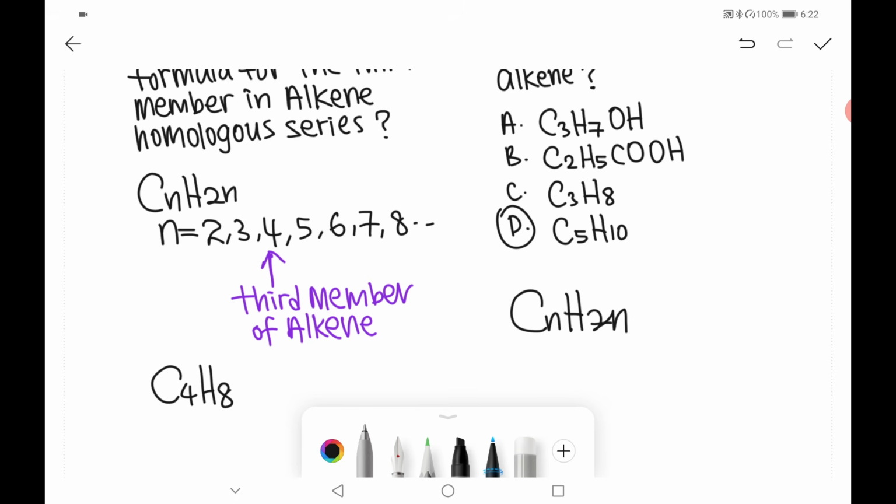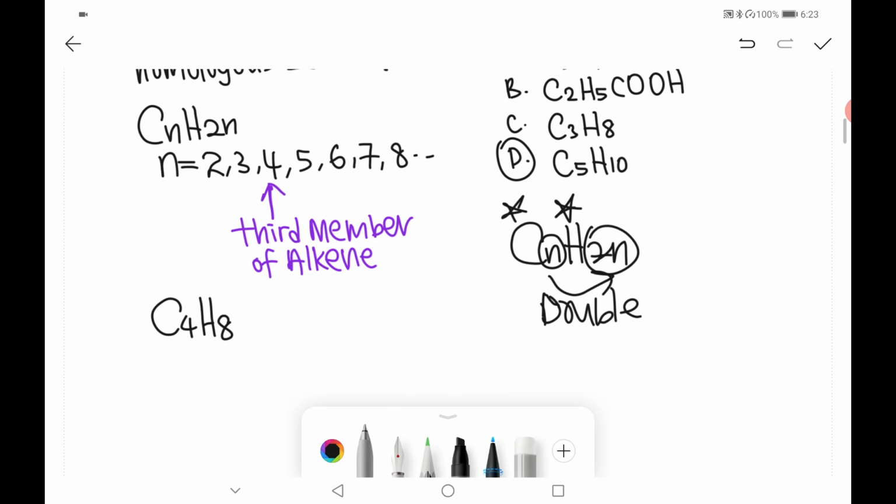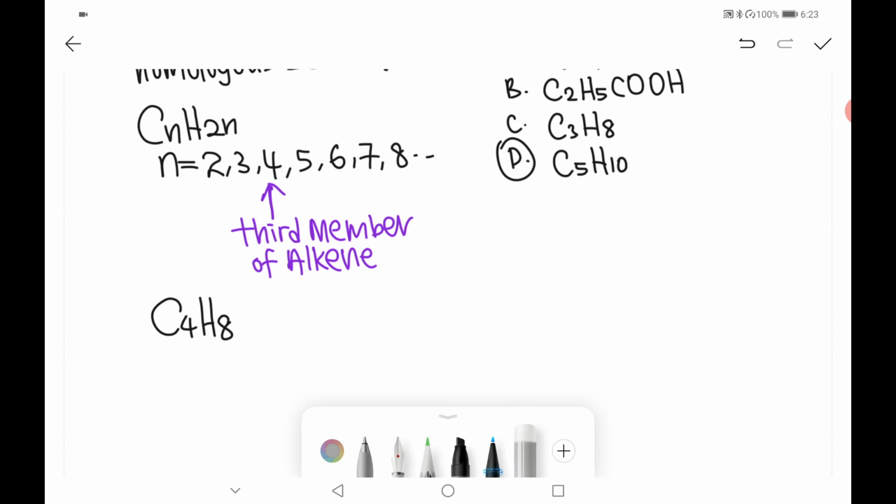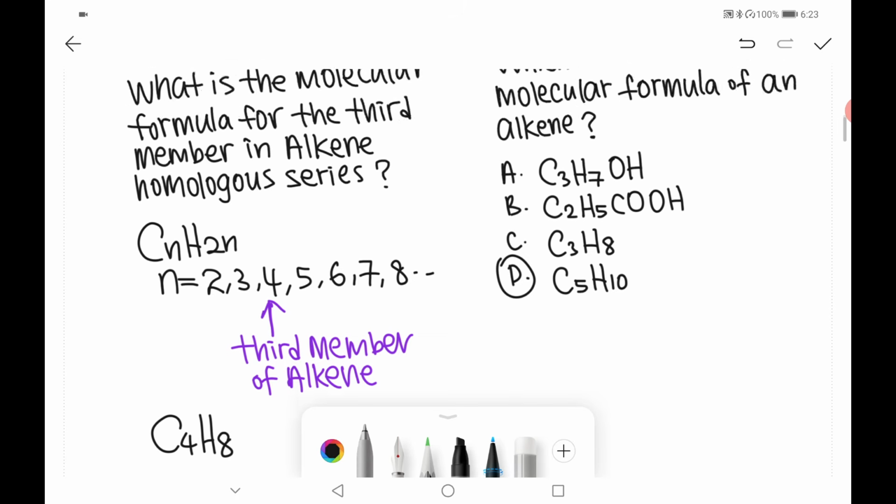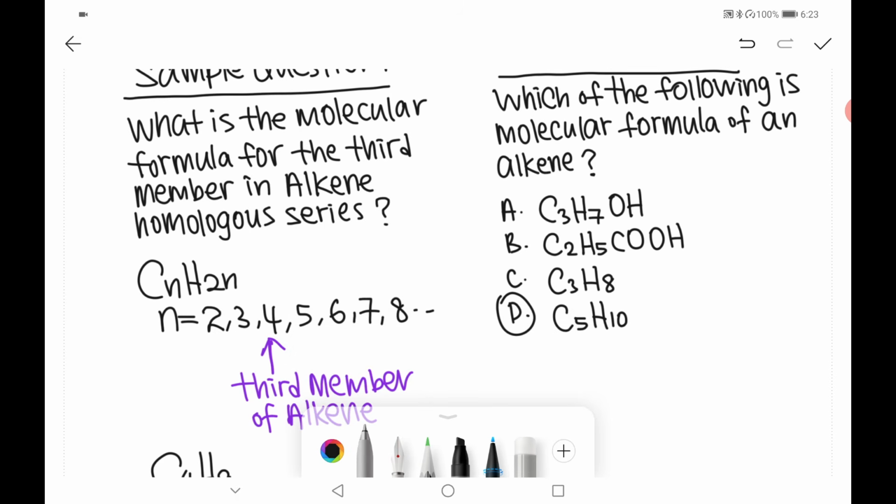Alkene must have carbon and hydrogen only, and because this is n and this is 2n, it is double. So when you see the number of carbon and hydrogen double up, then you know already that substance is an alkene. This is a very fast and simple way to know which one is alkene.